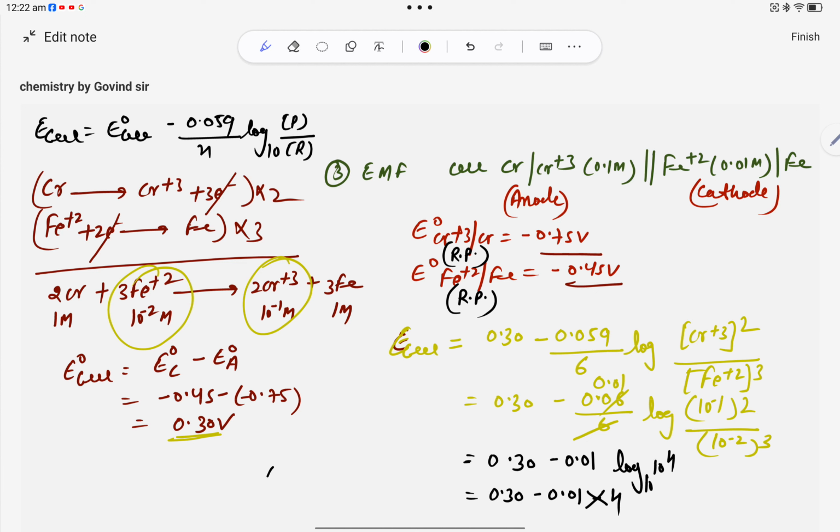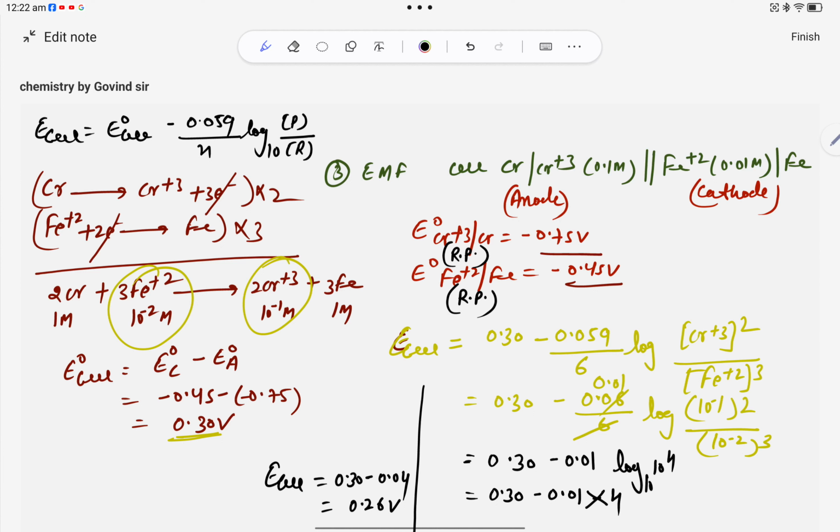So here I am solving. E cell is equal to 0.30 minus 0.04 and same answer, 0.26 volt you will get. So that is the concept. Hope it is clear to you.